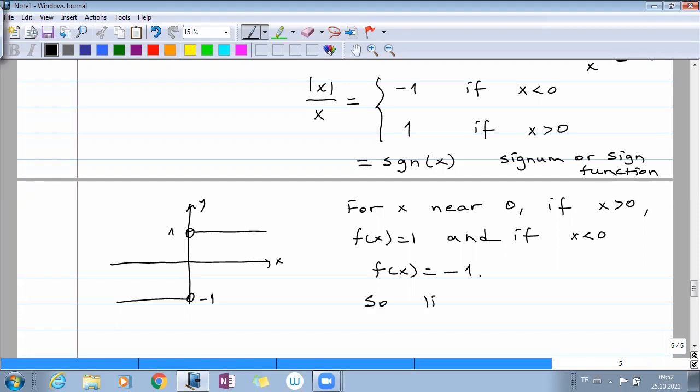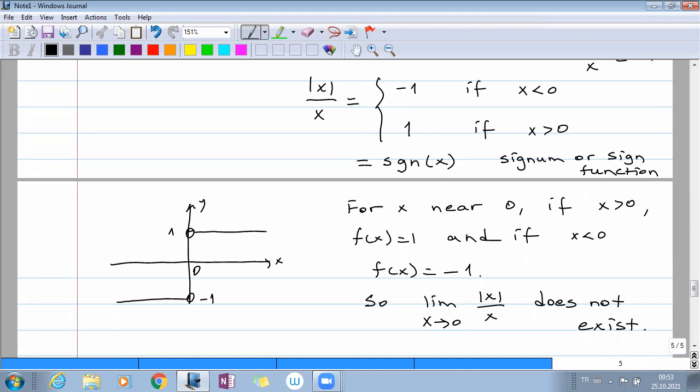So for the limit here, we say that this limit does not exist. There is no such limit. There's no fixed value for the limit as x approaches 0. If you approach 0 from the right, the function is constant 1, but if you approach 0 from the left, the function is constant -1. So there is no limit.